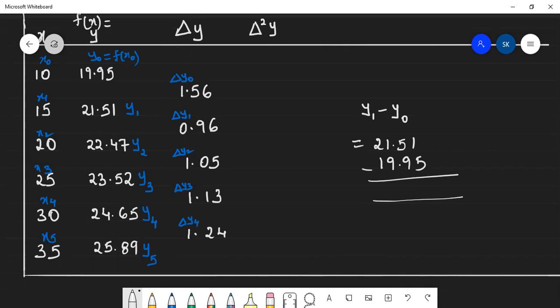I have forward delta y1 value as 0.96 minus first forward delta y0 value 1.56. 0.96 minus 1.56. I'll get minus 0.6. Fine. Next, I have 1.05 minus 0.96.